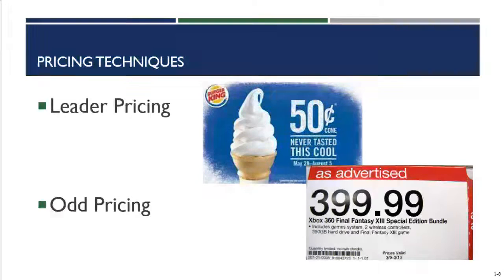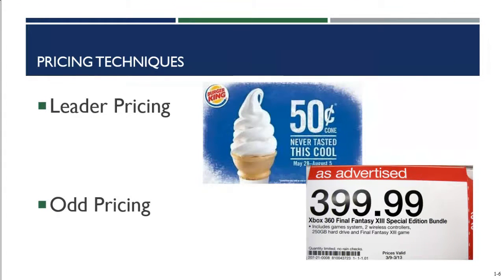So, for example, an item that's $399.99, the customer will say, "Oh, that's $399." Or if a price is $2.79, the customer thinks of it as, "Oh, it's $2 and change." And so retailers can use that "and change" to roll up the price or roll down the price to try to entice sales.